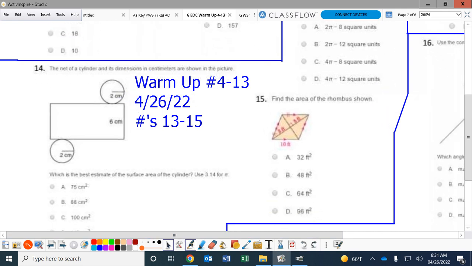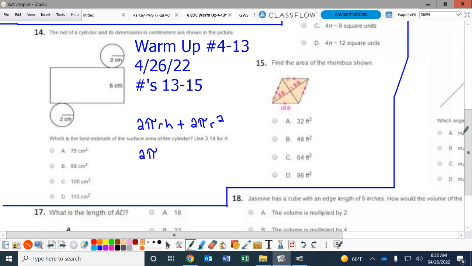So as we take a look at this, we're going to be plugging into 2 pi r h plus 2 pi r squared, and getting our answer from this information that's up here. So it's going to be 2 times pi. Oh, now guys, look at your answers. Do they have pi in them? No. So what do we have to put in for pi? 3.14.